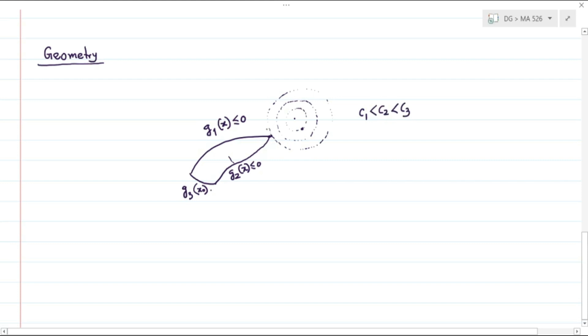And obviously if you go a little bigger, then that value is not a minimum value because you will have a bigger value than c4.